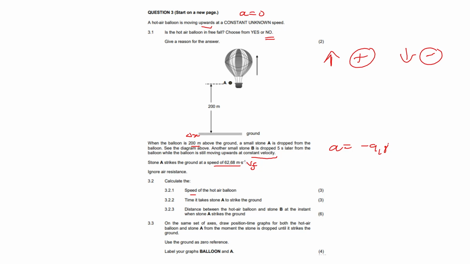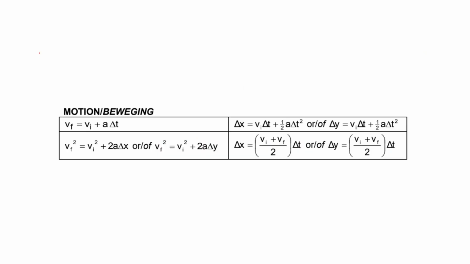They want the speed of the hot air balloon, so they want the initial velocity, because they have already given us the final velocity. So let's look at our equation of motion. We have final velocity, acceleration, and distance, so we can easily use this formula right here.